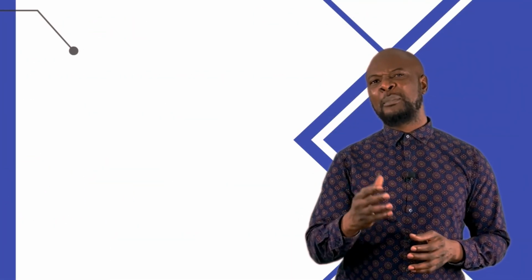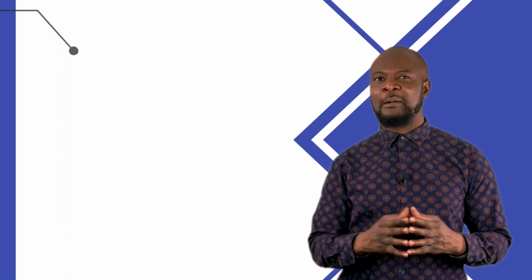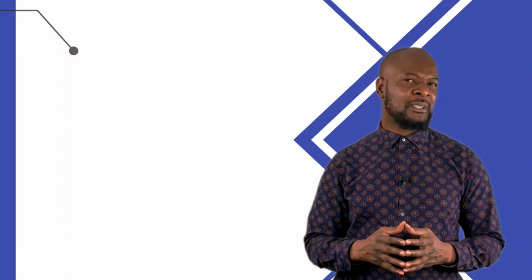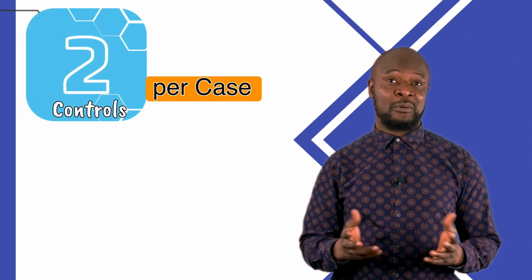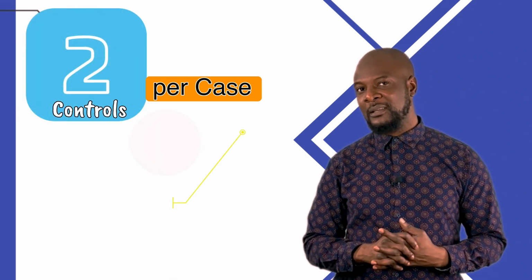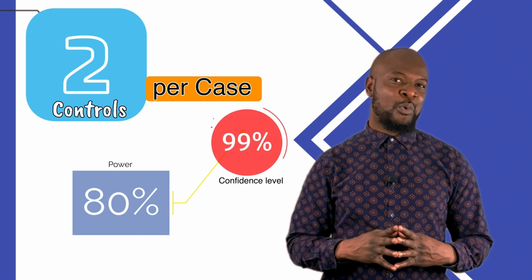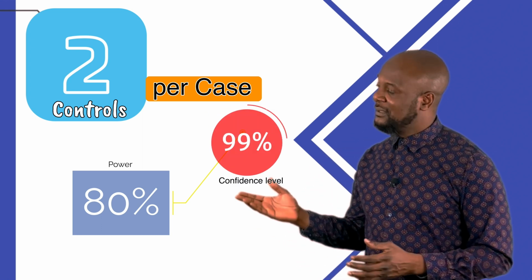Dr. Aminu wanted to have a high statistical power for his study, so he decided to use 2 controls for each case of neonatal sepsis that he found in the special care baby unit. What is the minimum sample size required for Dr. Aminu to carry out this study?